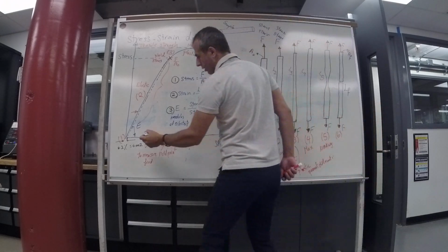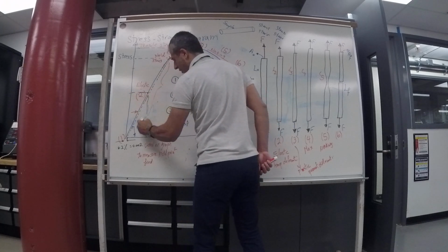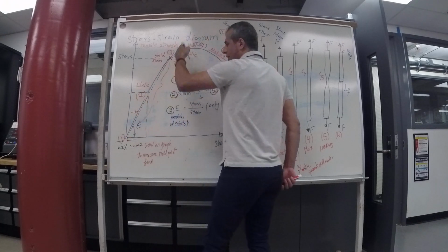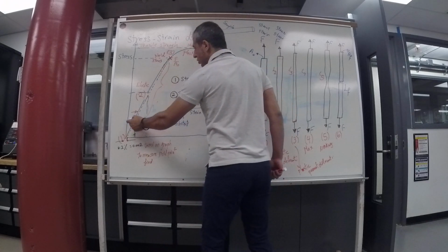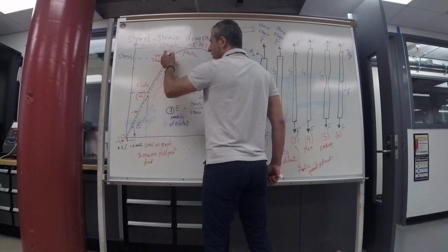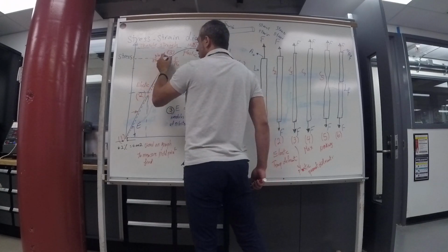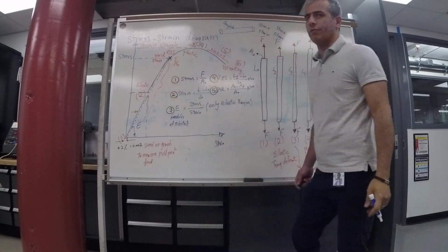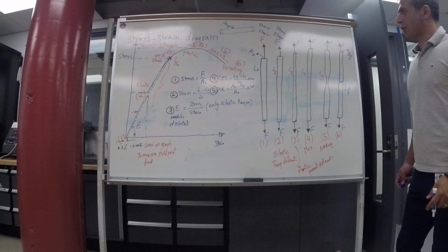Those are the points. This is number 2, and we have number 1. Draw a linear line, do the 0.2% offset, make that parallel, and make this line. Somewhere they intersect. This is your yield, and after that is your curve, which goes to plastic and permanent deformation.